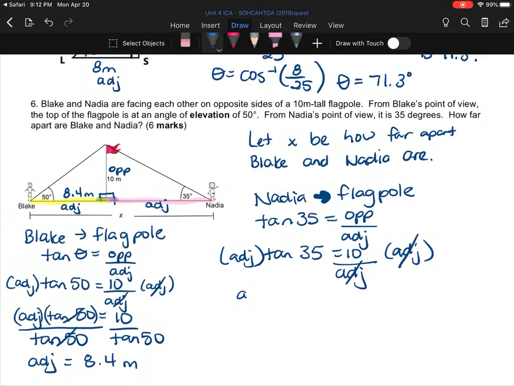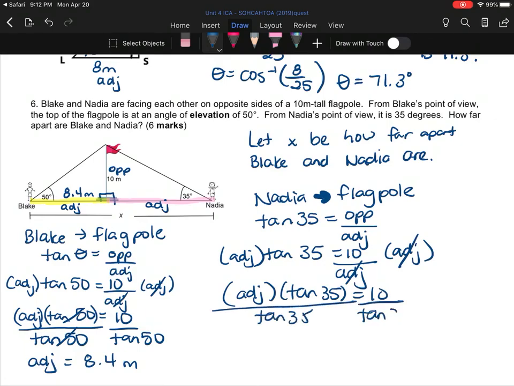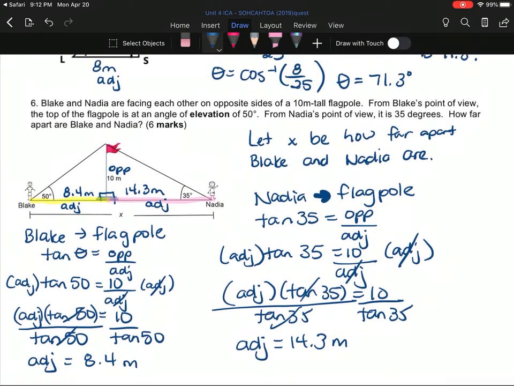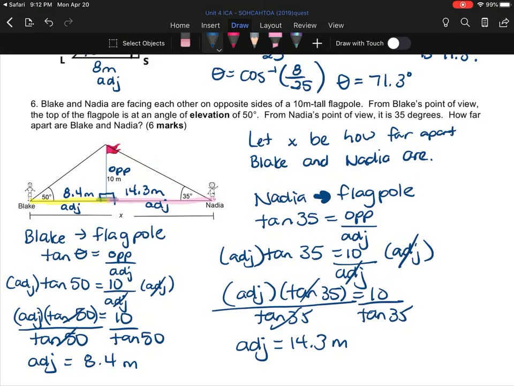Okay, again, we got to get rid of the adjacent in the bottom, so we have that extra step. Okay, so 14.3.